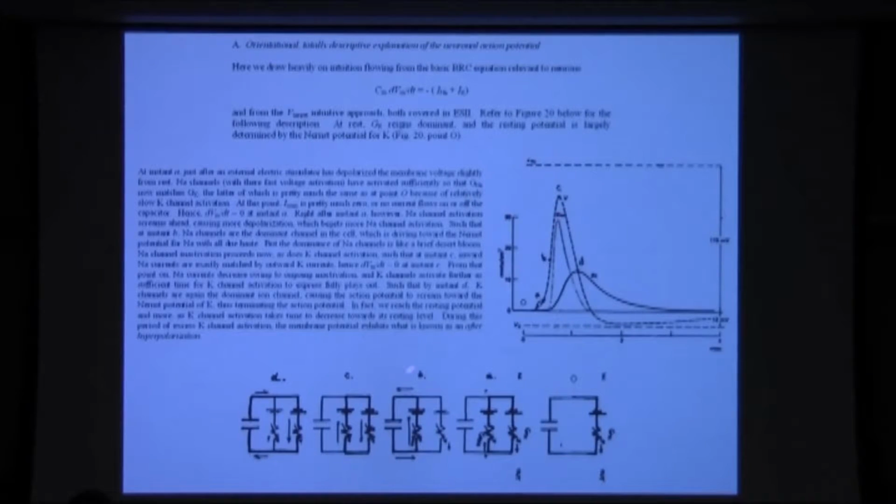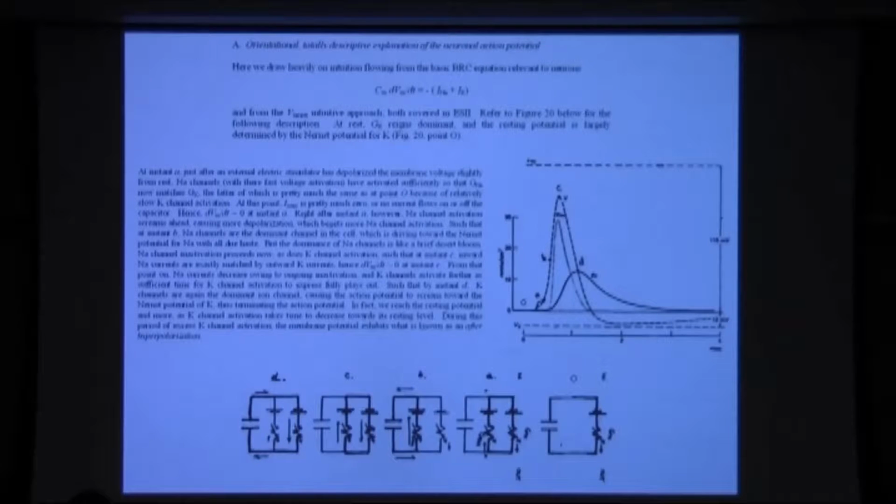But now the potassium channels have caught up at point C, such that the current flowing through the sodium channels is exactly equal to the current flowing into the potassium channel branch here. So at this point, there's no current flowing onto or off the plates of the capacitor, so dV/dt is 0.